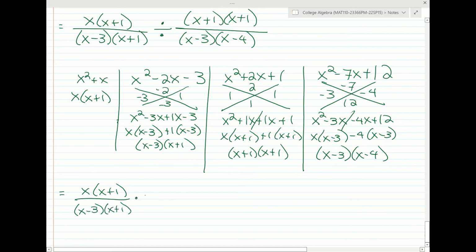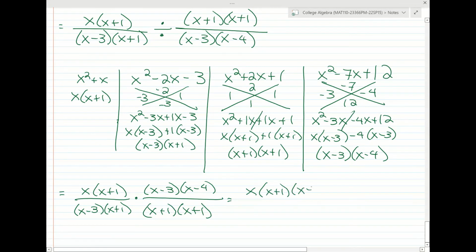We're going to multiply by the reciprocal of that second fraction, the x minus 3 times x minus 4 over x plus 1 times x plus 1. Write out all the factors, and then we can start slashing them away.